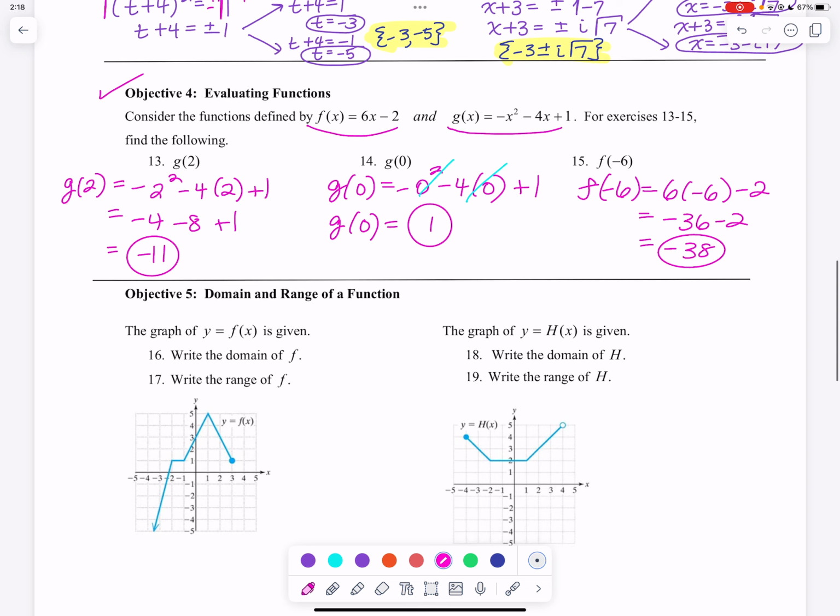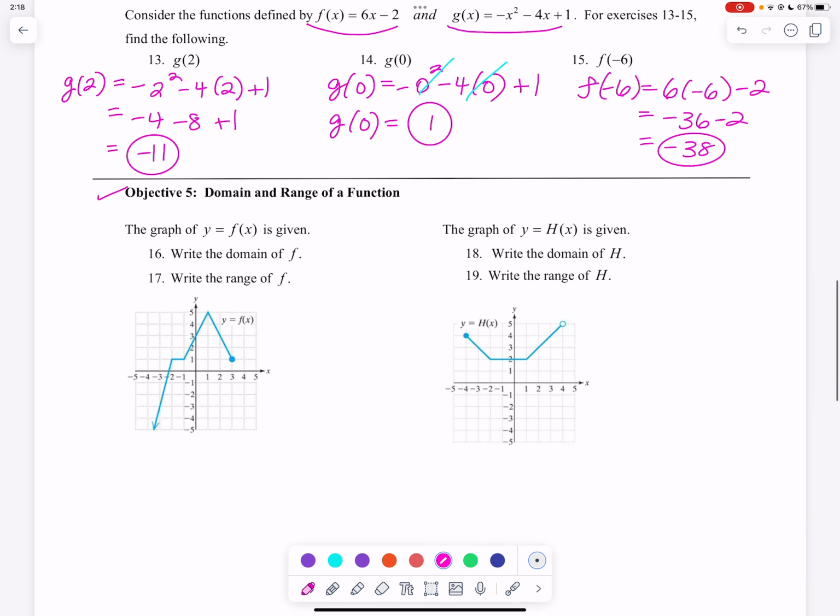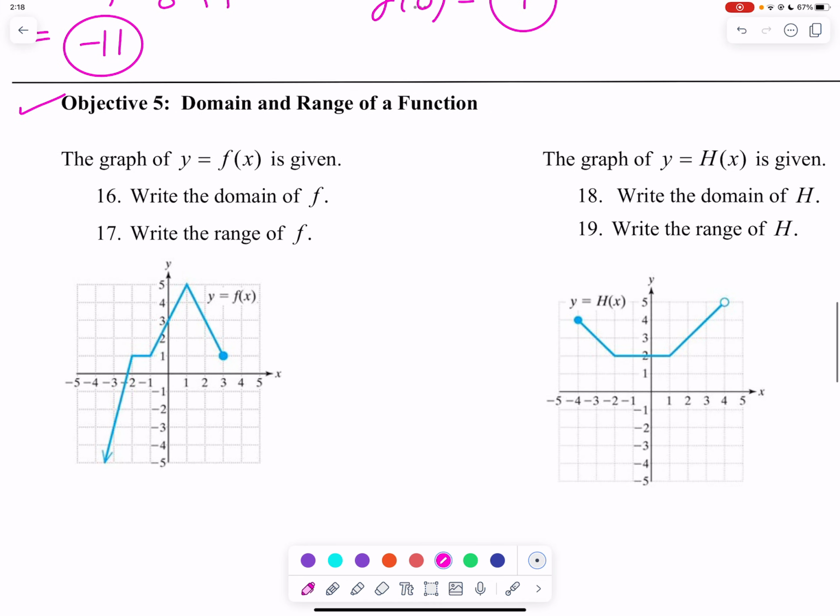Okay. Now we're going to talk about the domain and range of a function in Objective 5. As you can see, our x values start way out here at negative infinity, and they go all the way to 3, and we want to include it.